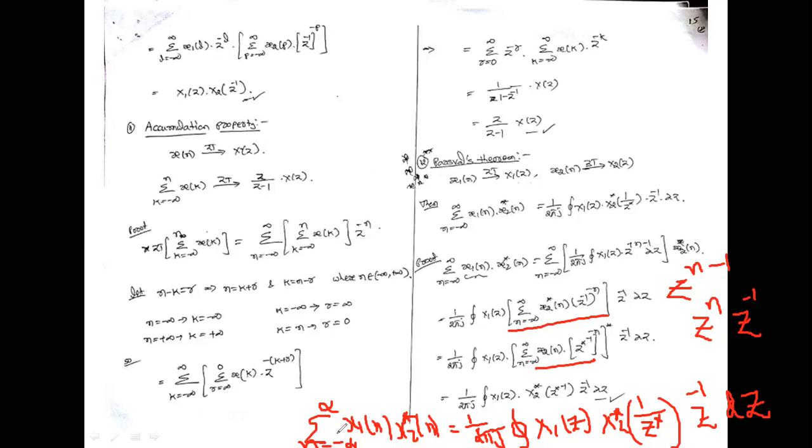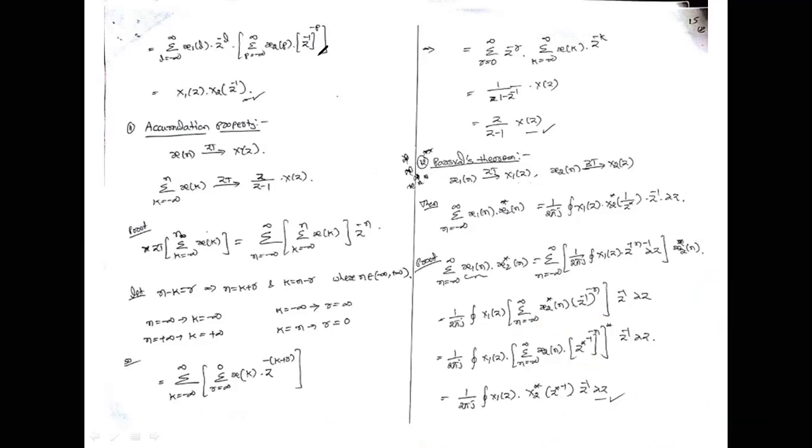1 by 2 pi j the integral of x1 of z z power n minus 1 dz, you get as 1 by 2 pi j the integral of x1 of z and x2 star of 1 by z star, z inverse dz. Okay, the Parseval's theorem and the previous correlation.